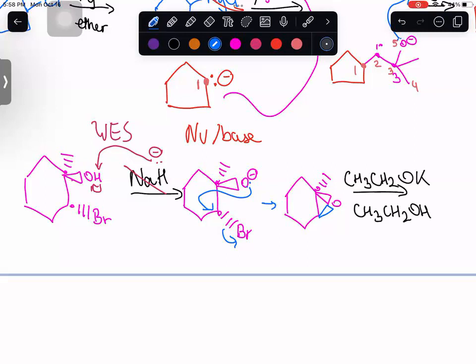Okay, now we have our epoxide and the next reagent. What kind of reaction is it going to trigger? So yeah, this portion was SN2. That's why we flipped the stereochemistry.